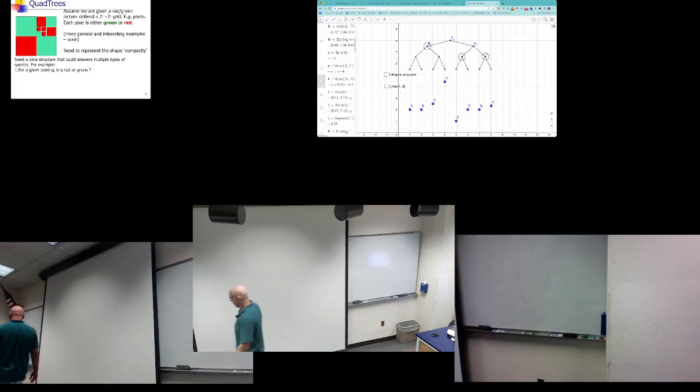Really, so we will continue with quadtree discussions.